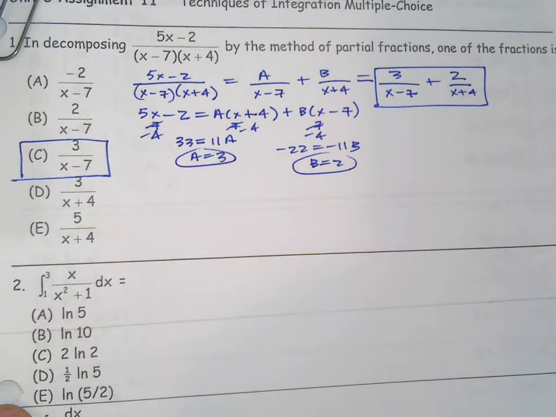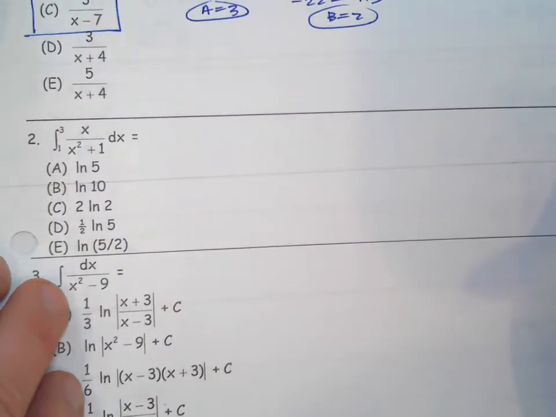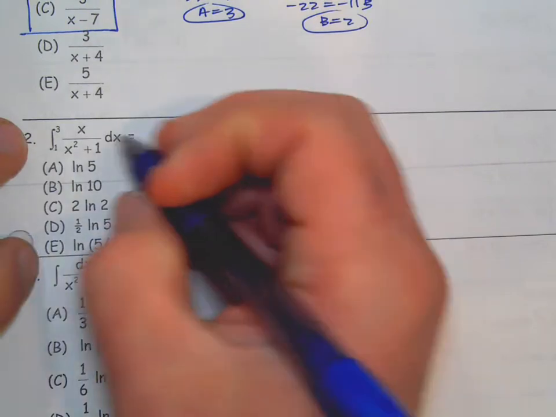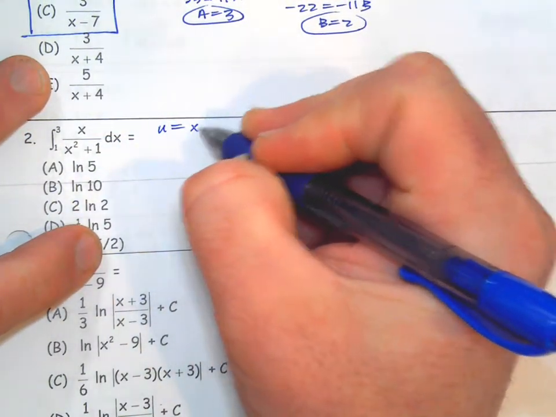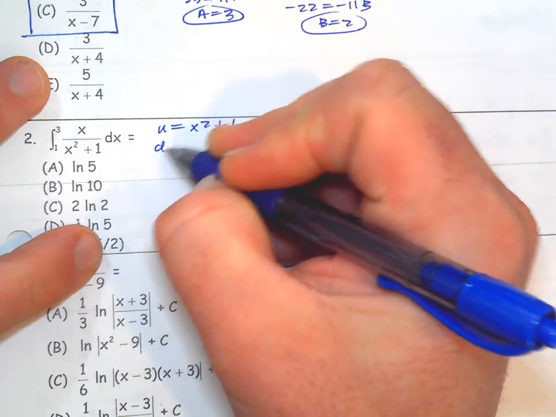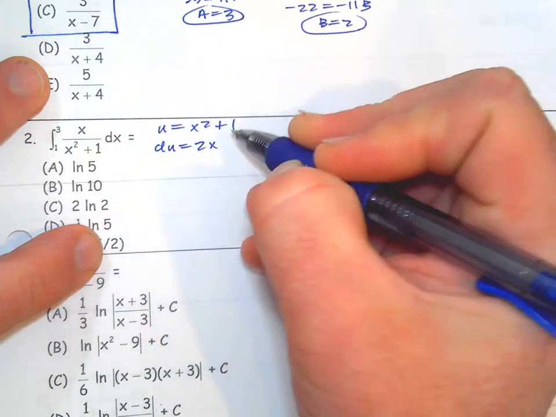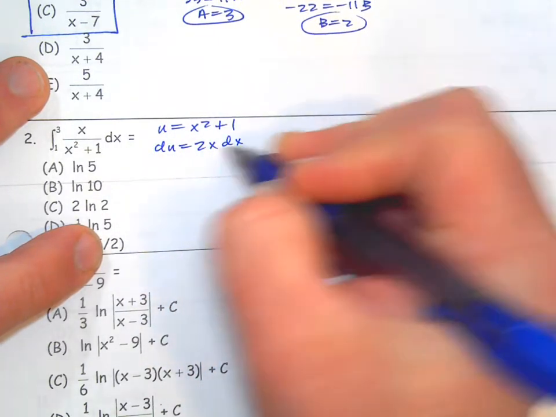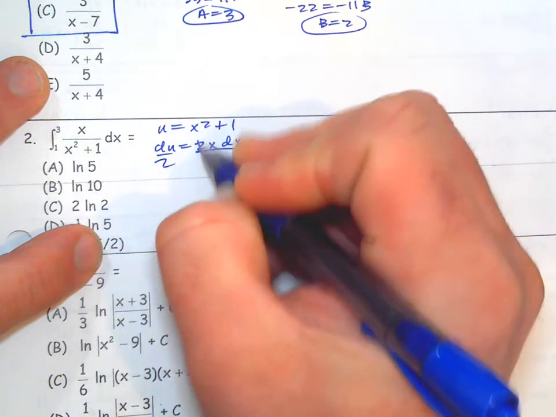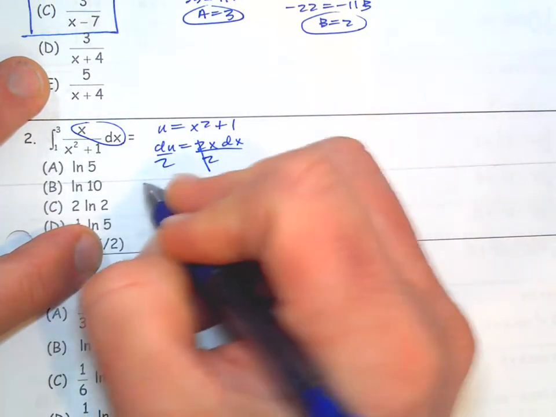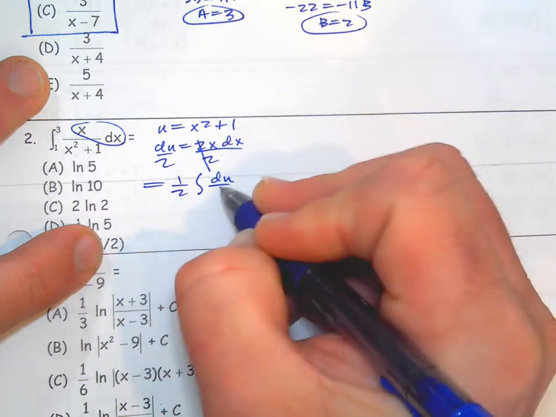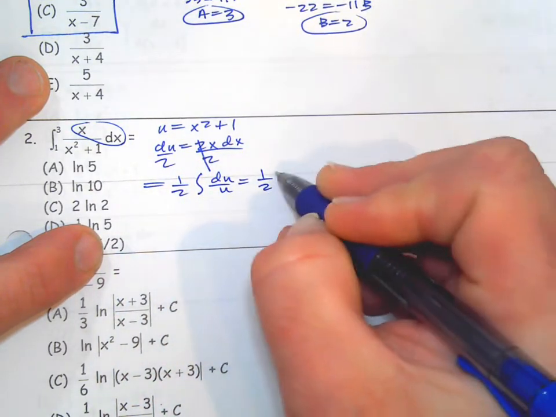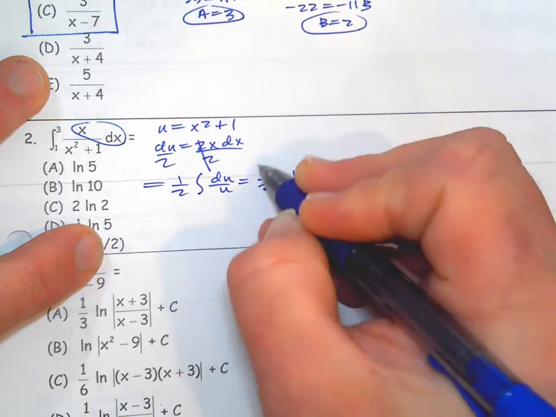Okay, next one. Next one we're actually going to integrate. I think we just use regular u-substitution. Don't make these harder than they have to be. u equals the denominator, x squared plus 1. This is not inverse trig. We don't want the 2, we have 2x dx, perfect. So it's going to be 1/2 du over u, equals 1/2 natural log of the absolute value of u.